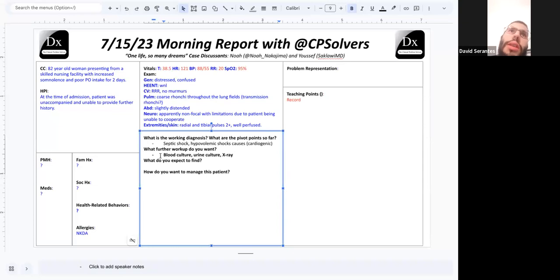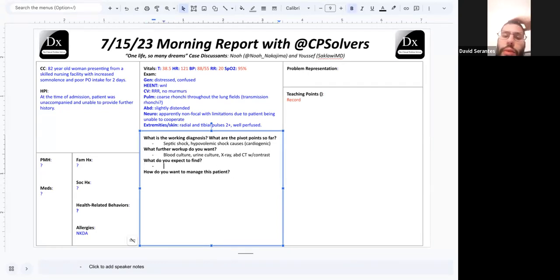But in this case, the distended abdomen points toward an abdominal or urinary cause of shock. So maybe an abdominal CT, and specifically with contrast, would probably be needed if the urine cultures are not positive or something like that.